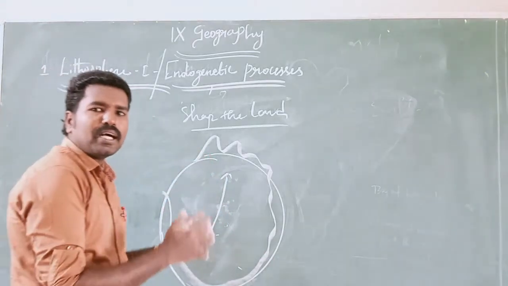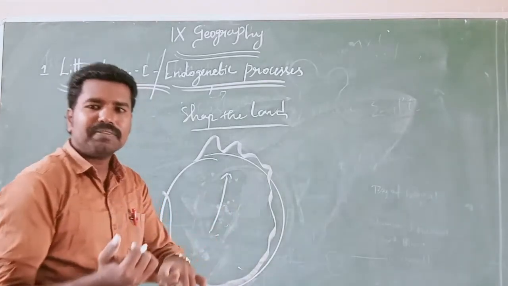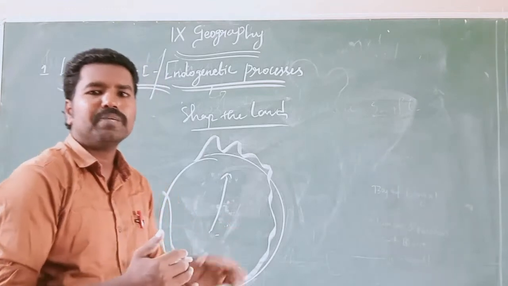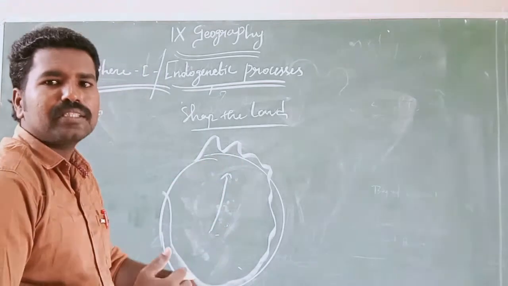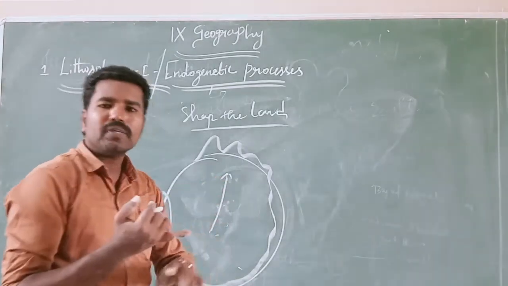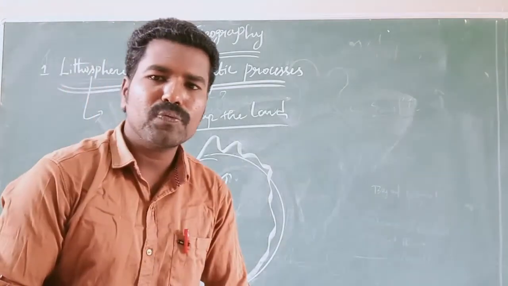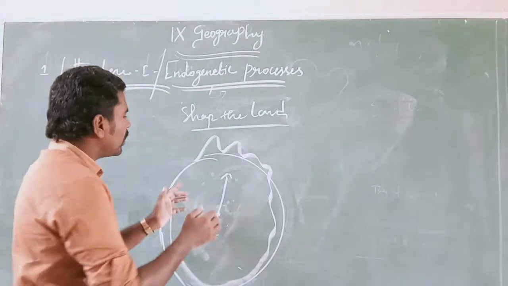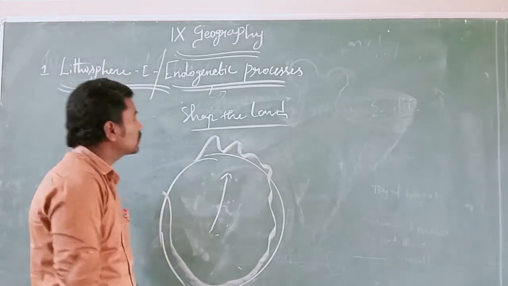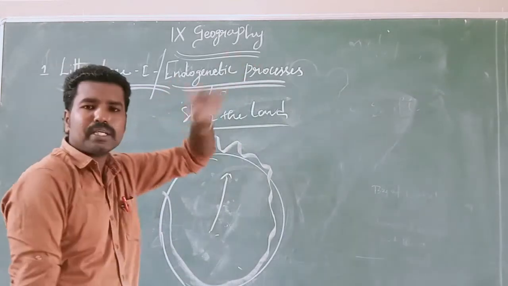Mainly folding and faulting, like tectonic activities. The tectonic plate theory we are going to discuss in this lesson. And also the volcanic forces and the earthquake forces. These all build land on the surface of the earth. It is called the endogenetic process.